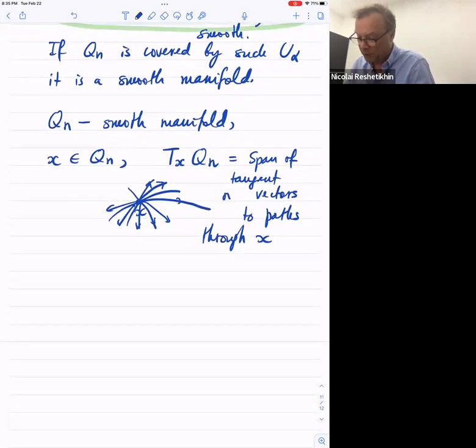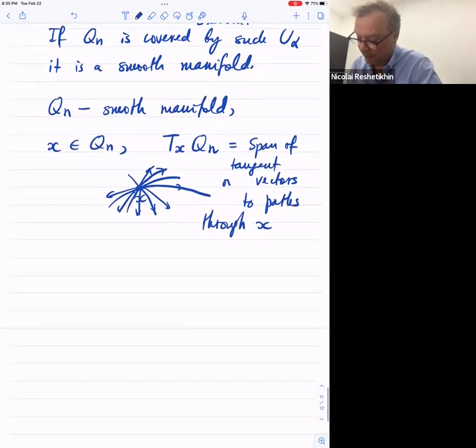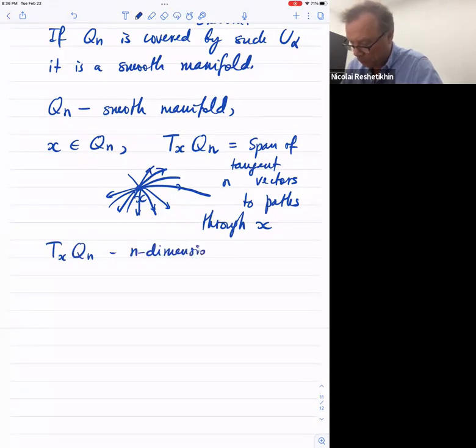Intuitively this is what it is. And then the collection of all these vector spaces, T_x Q, is n-dimensional, because our manifold is smooth, so at every point we have an n-dimensional tangent space.